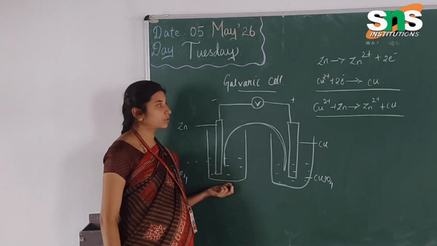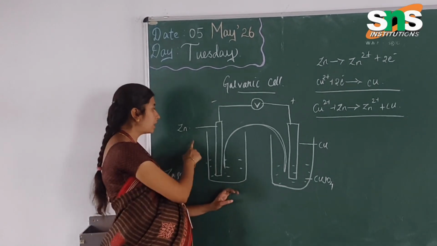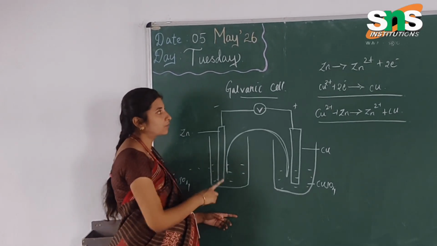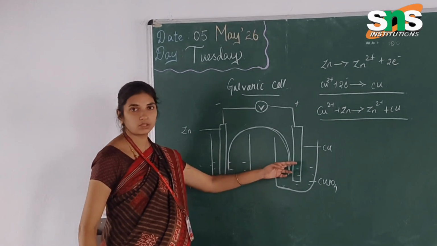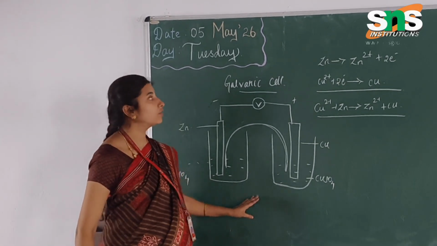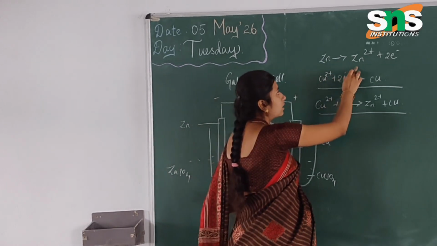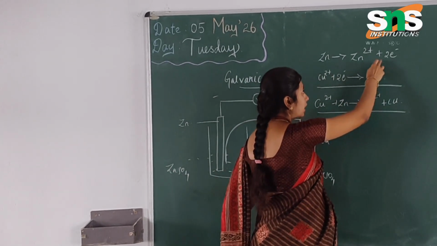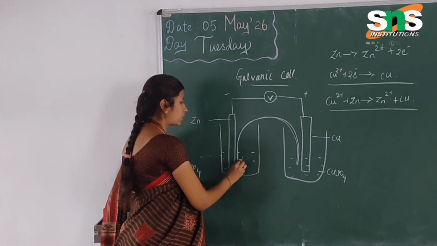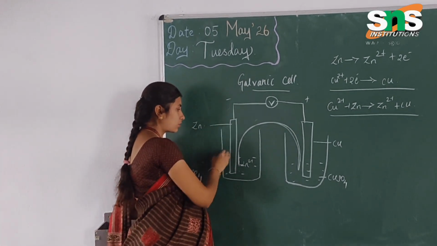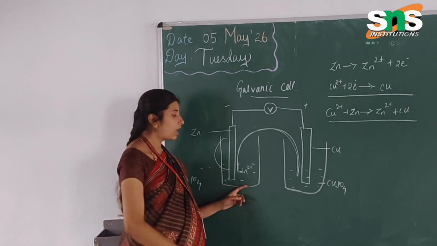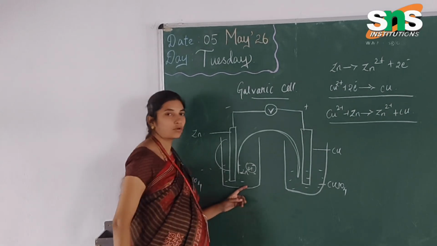This is explained by this example: at the anode, Zn goes into the solution as ZnSO4, and the copper electrode, Cu, is in CuSO4. The reaction is Zn gives Zn2+ plus 2e-, with the zinc going into the solution as Zn2+ ion.